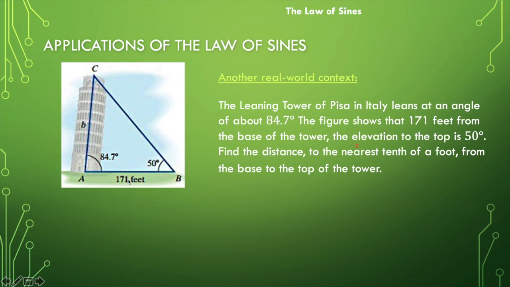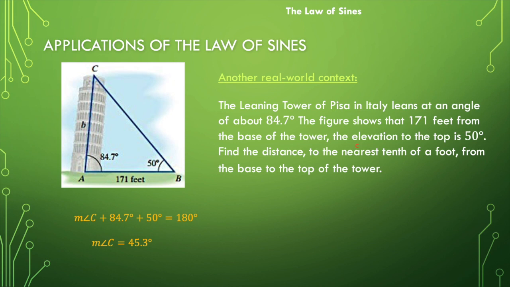All right, let's take a look. The measure of angle C plus 84.7 degrees plus 50 degrees will all equal 180 degrees. So if I subtract off that 84.7 and that 50 degrees, we should end up with the measure of angle C being 45.3 degrees.